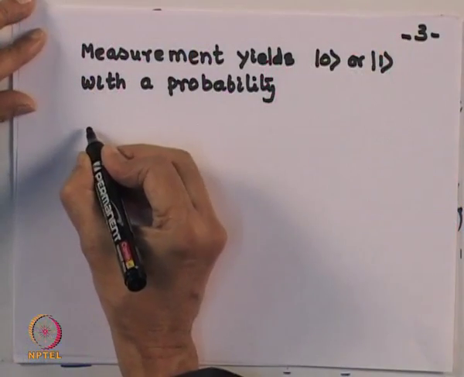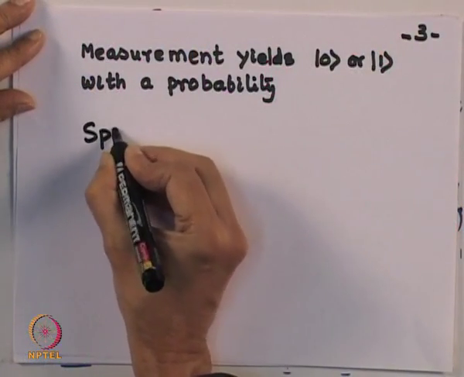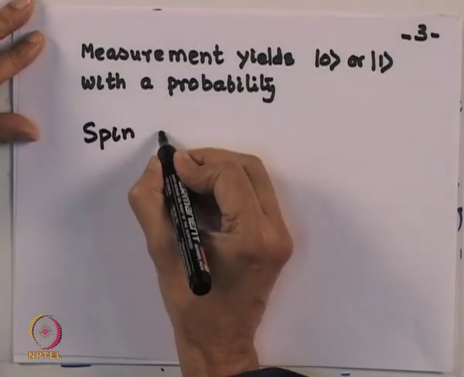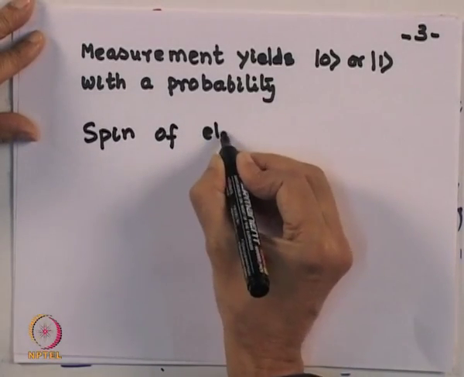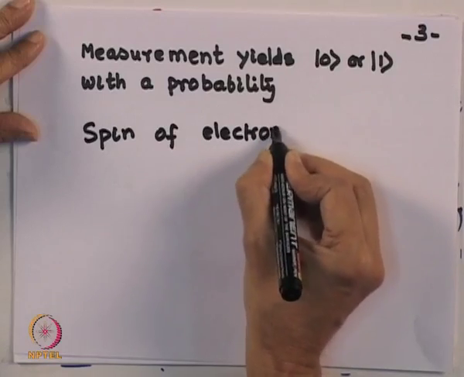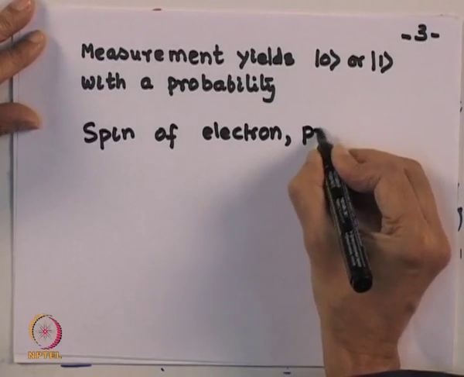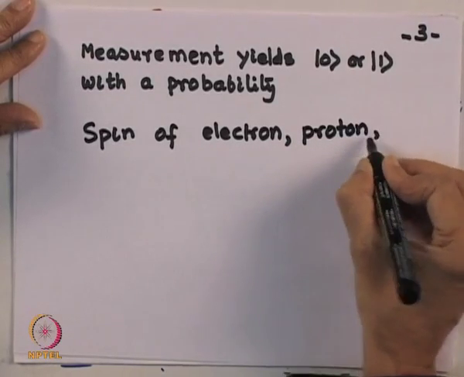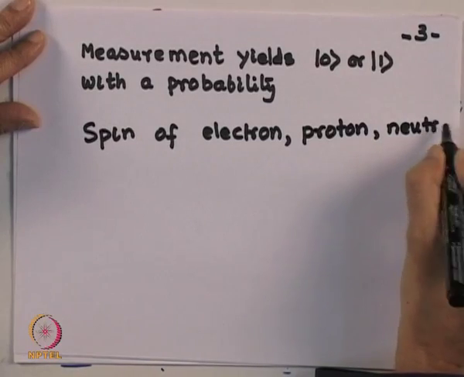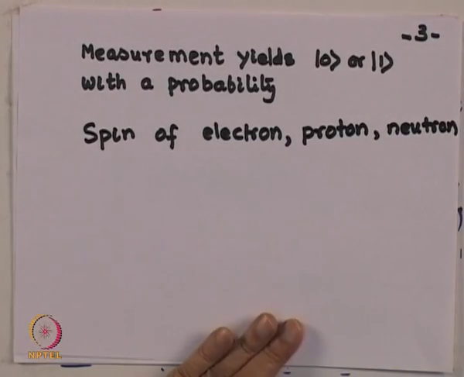So for instance, the most common way of understanding it is to talk about the spin of an electron, it could be anything with spin half. For example, it could be the spin of a proton, a neutron, and I don't have to necessarily restrict myself to elementary particles like this. I could even be talking about a silver atom's spin and things like that.